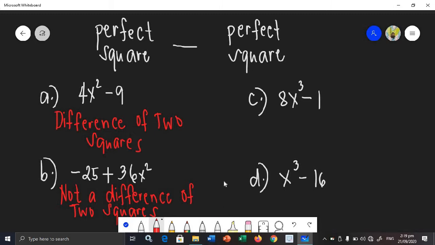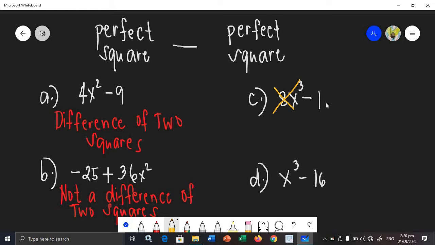Okay, how about the third given? So we have 8x cubed, or x to the third power. 8 is not a perfect square. X cubed is not a perfect square because 3 is not a multiple of 2. Okay? So 2, 4, 6, those are the multiples of 2. So therefore, the first term is not a perfect square.